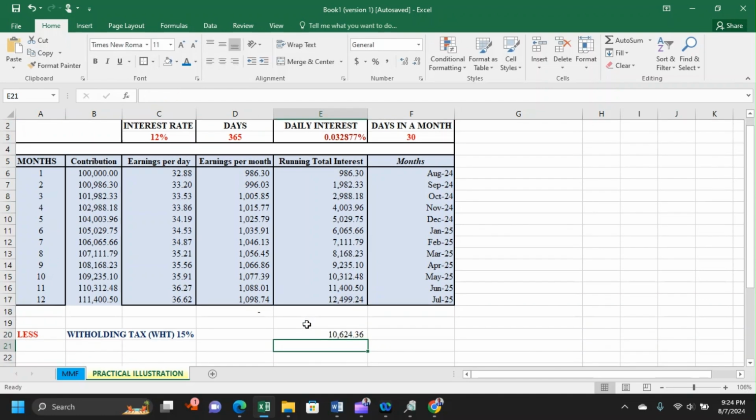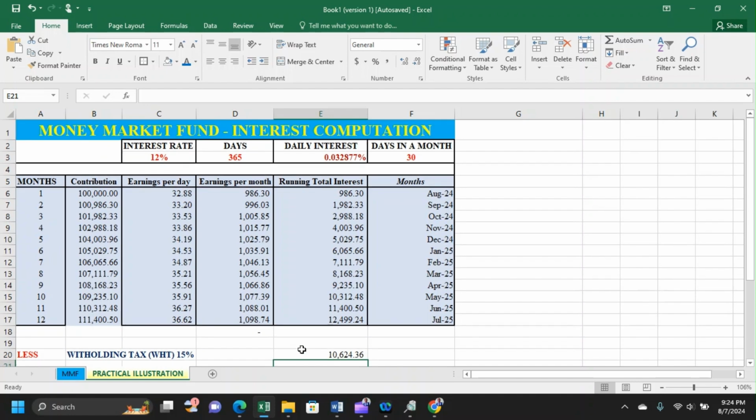And therefore, you will have made a total of 10,624.36 Kenya shillings for this matter. Well, this, however, may not look as sufficient or material to you as you may think, having invested this 100,000.